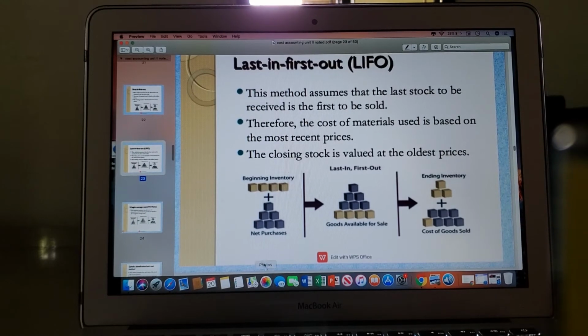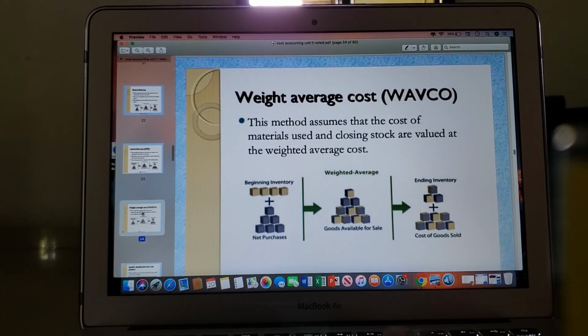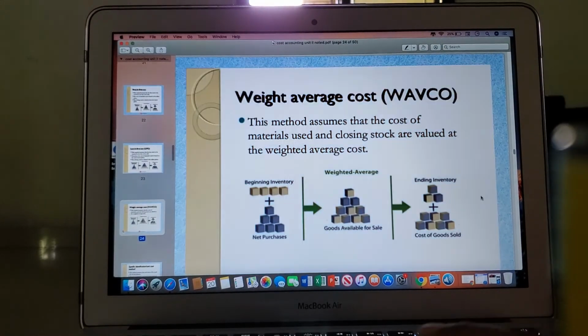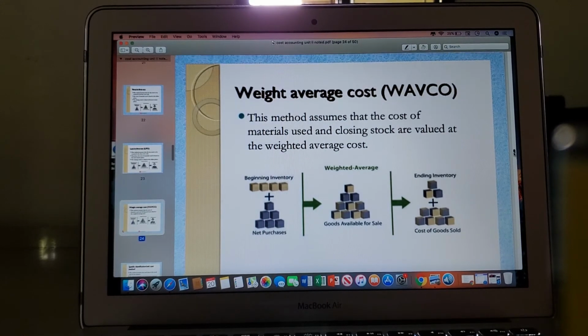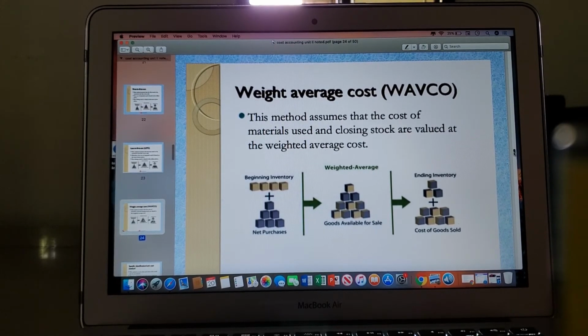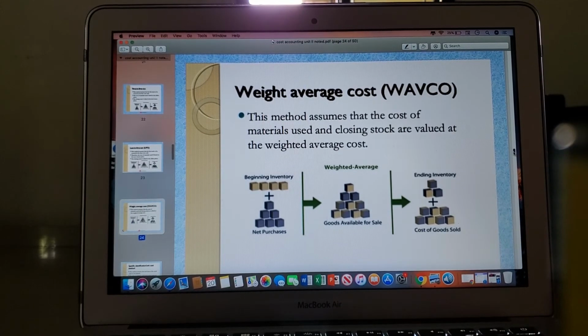Next, we go to the weighted average cost method, WAVCO. Now, this method assumes that the cost of materials used and closing stock are valued at the weighted average cost.